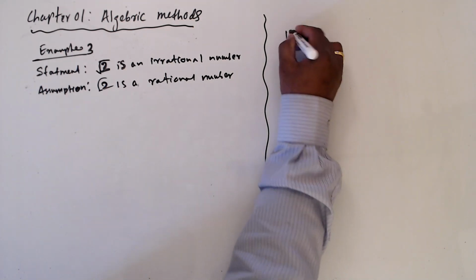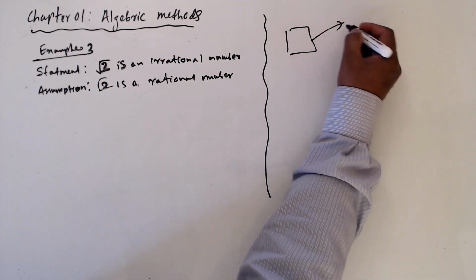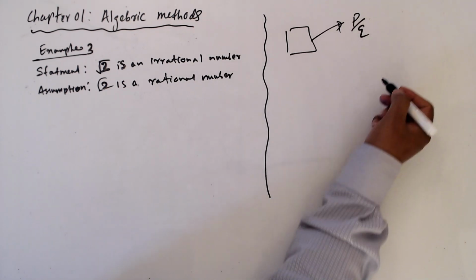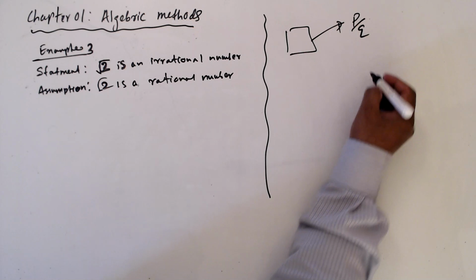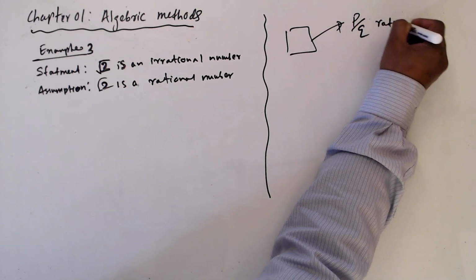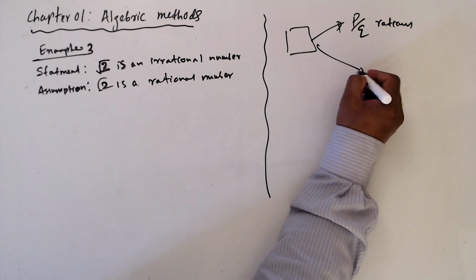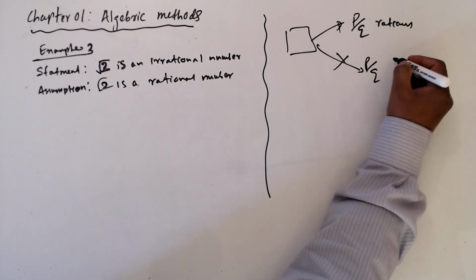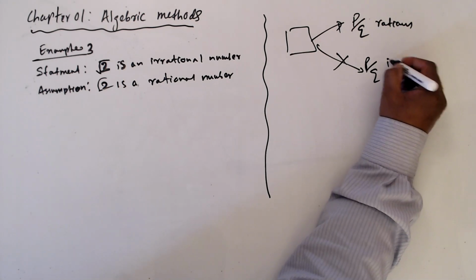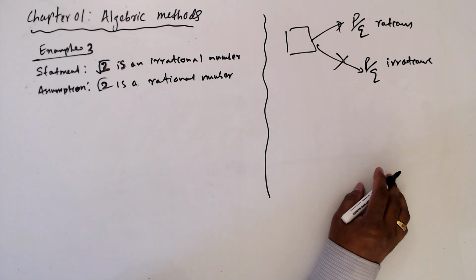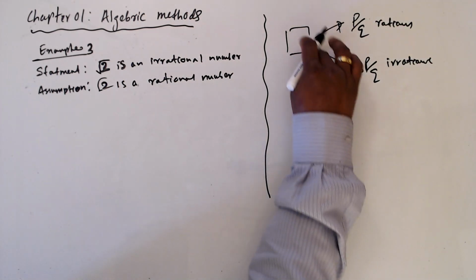Any number that you can write as a fraction p divided by q is rational. Any number we cannot write as a fraction p over q is irrational. That's basically all.